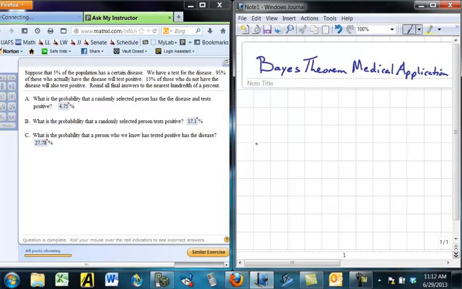And to get what we need out of this, we're going to have two trees. On the left here, we'll first talk about whether the person has a disease or no disease, and then whether they test positive or not positive, test negative.